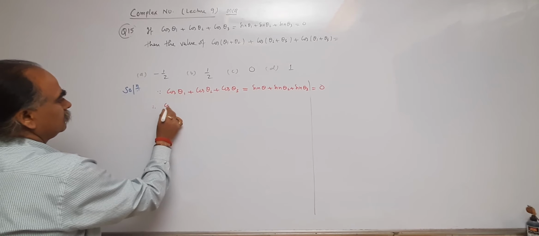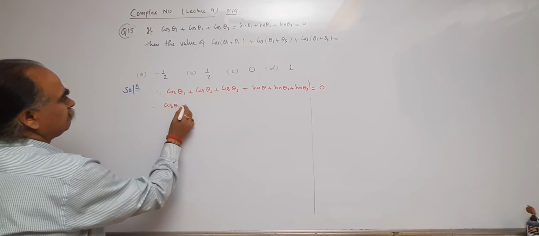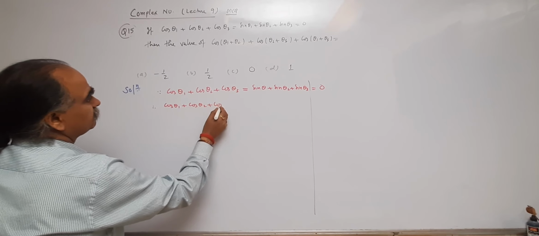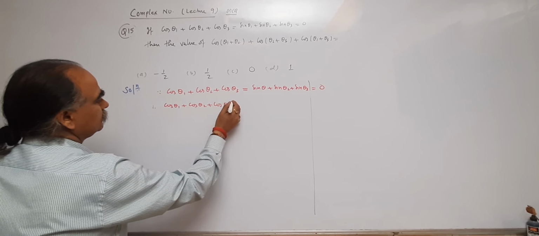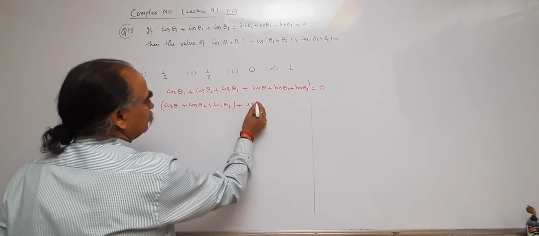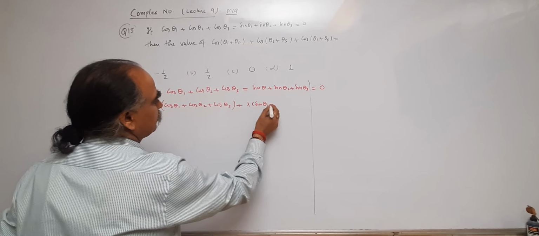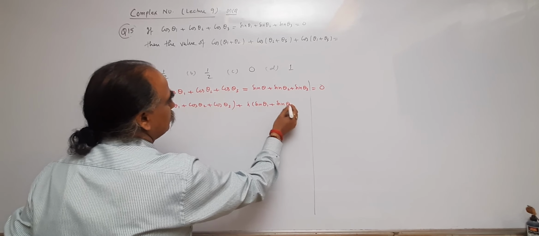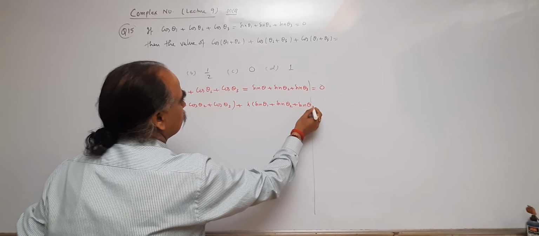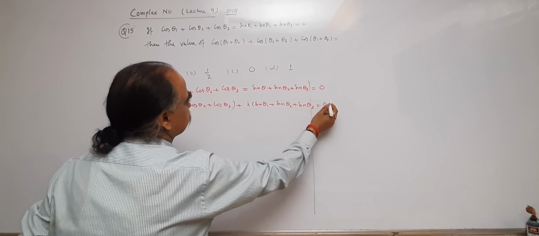therefore, cos theta 1 plus cos theta 2 plus cos theta 3 plus i times sin theta 1 plus sin theta 2 plus sin theta 3 is equal to 0 plus 0i.